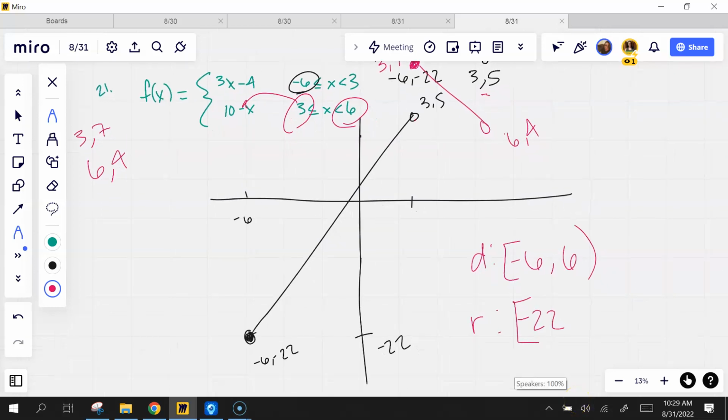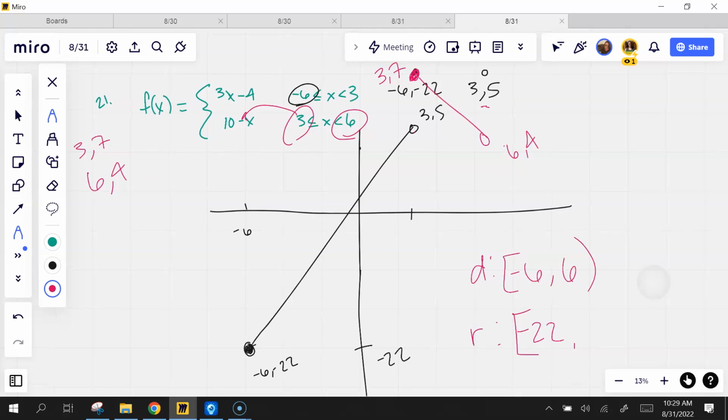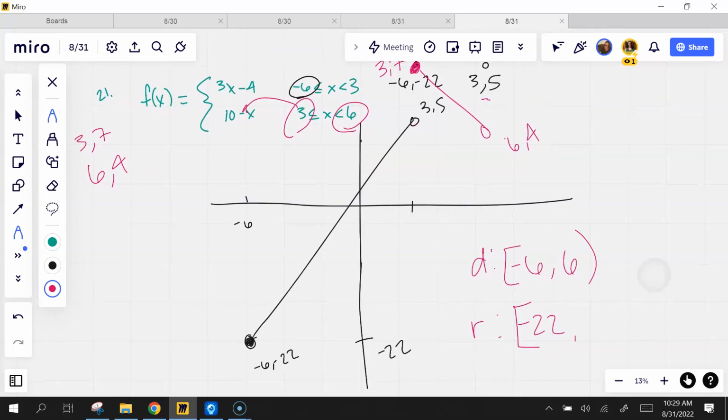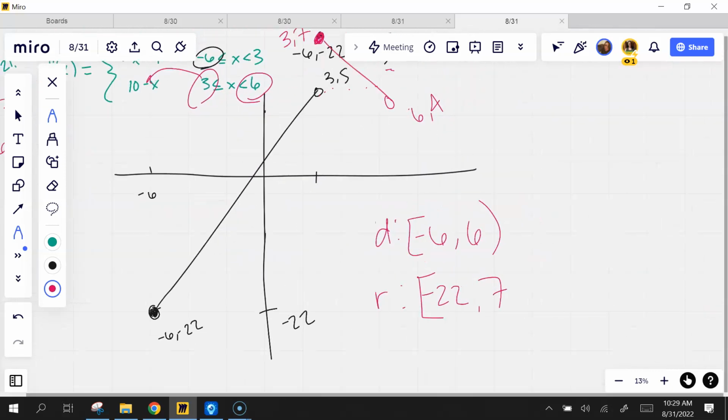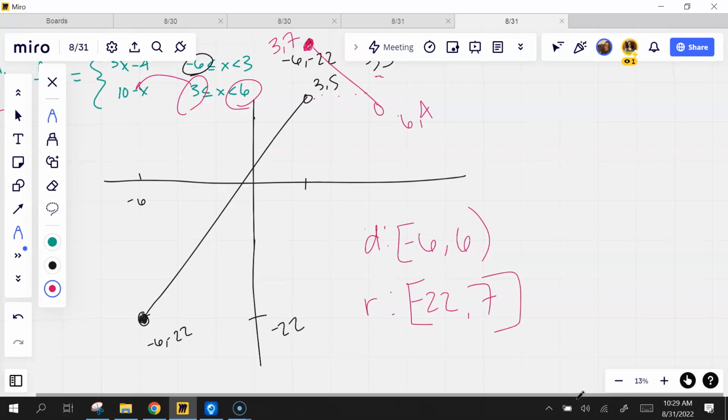Why is it a bracket, not a parentheses? And what's it go to? Y value. I'm looking for the furthest up it goes. As I go up, 7. So highest it goes is 7. Bracket or parentheses? Bracket, because that one's filled in also.